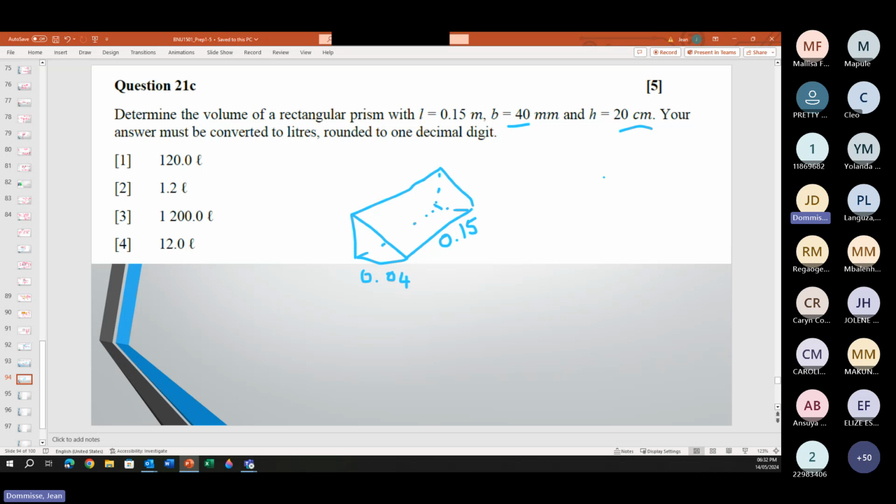So the breadth is 0.04, and the height, if it's set over in meters, 20 centimeters. Well, that is 4 centimeters. 4 centimeters is 0.04 meters, 20 centimeters. Let me just get my bearings and my calculator right.